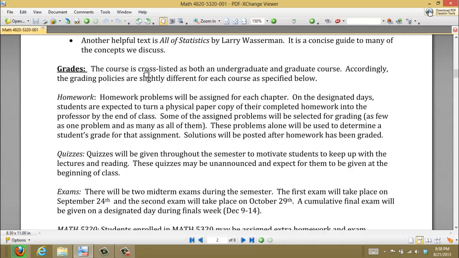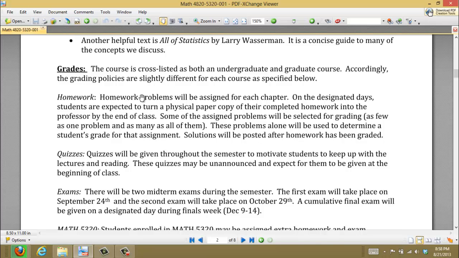In terms of grading, as I mentioned, this is both an undergraduate and graduate level course. There are going to be some grading policies that are different for the two groups. Each of the classes, Math 4820 and 5320, will have homework, quizzes, exams, etc., but there are going to be some subtle differences.